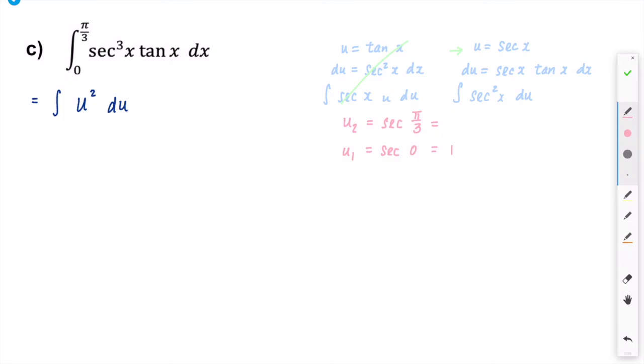Cosine of pi over 3 is 1 over 2. Reciprocal is 2. So 2 and 1. Keep going. u cubed over 3, from 1 to 2, I have 8 over 3 minus 1 over 3, which is 7 over 3.